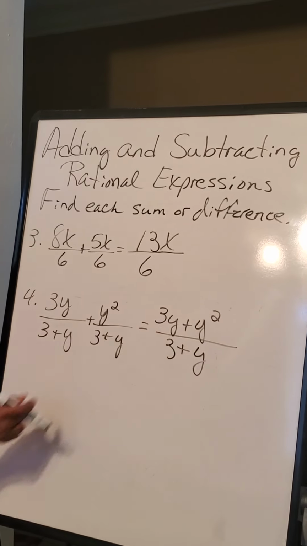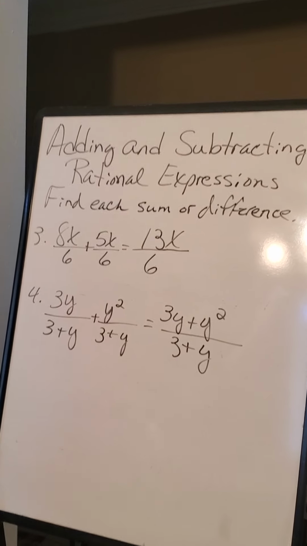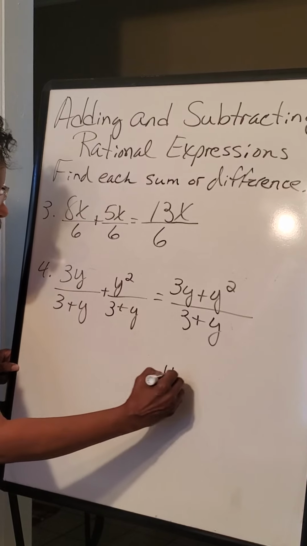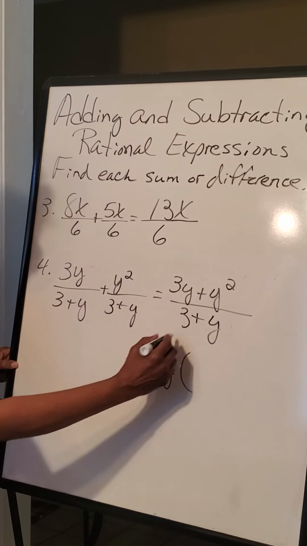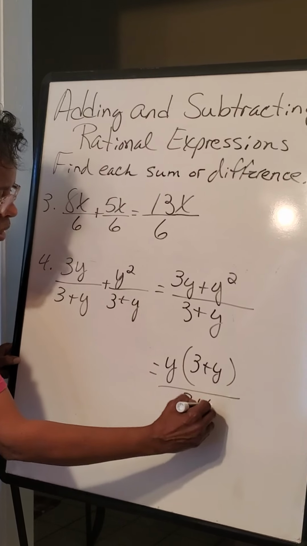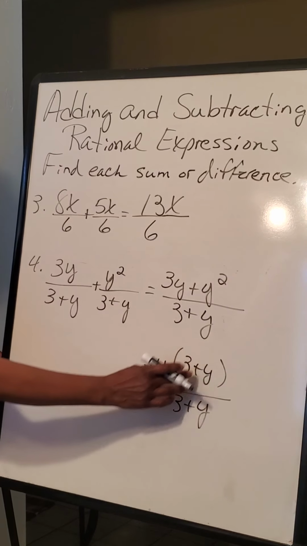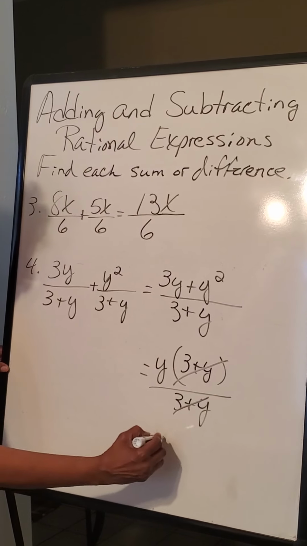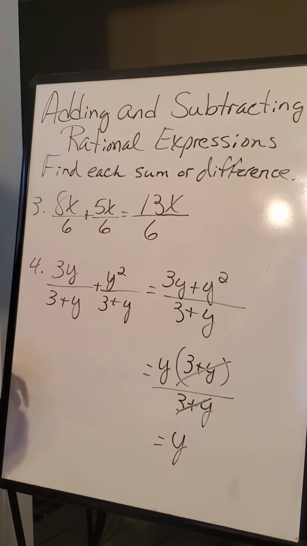Well, if you notice in my numerator, 3y and y squared have a GCF of y, so I'm going to factor out y. And when I factor out a y, I end up with 3 plus y. If you notice, I can cancel the binomial 3 plus y, and I have an answer of y.